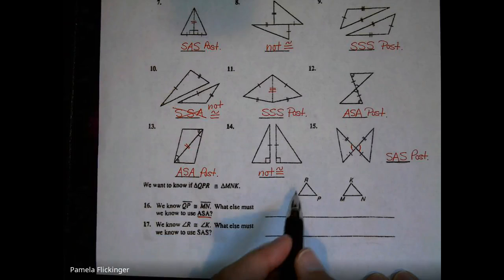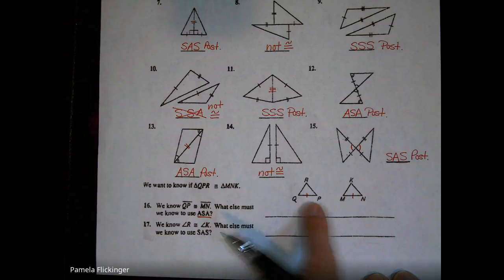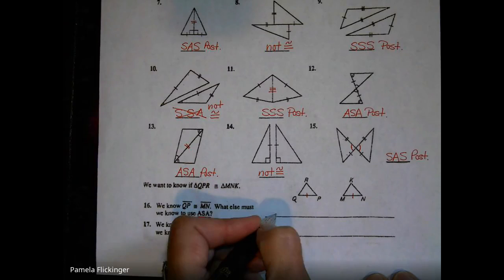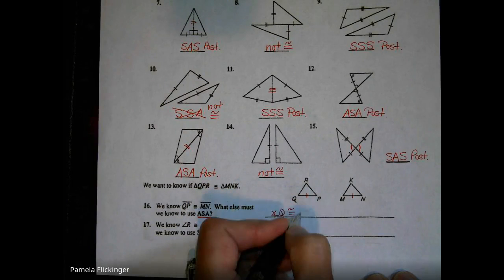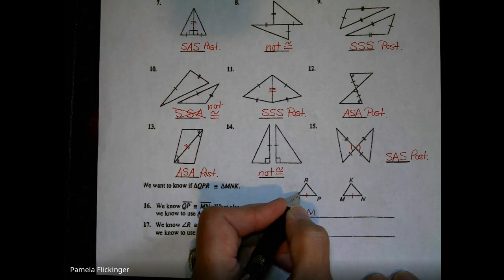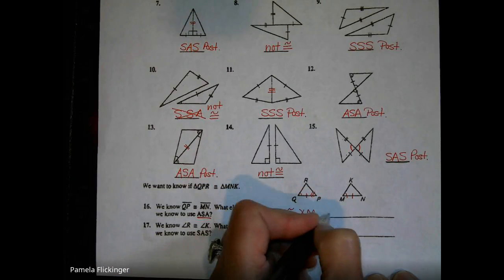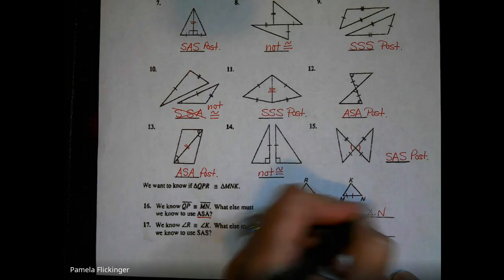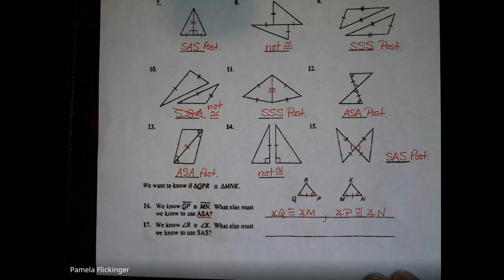Well, if we only know this one angle pair, I hesitate marking, but I have another problem. But if that's the S, the side, then obviously angle Q has to be congruent to angle M, right? We need to have that angle pair. And then we would need to have angle P congruent to angle N in order to get an angle, side, angle pattern.